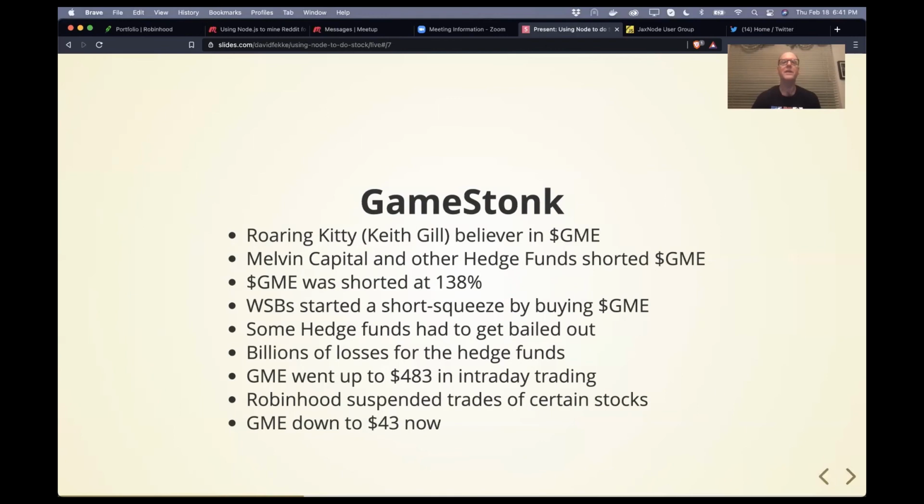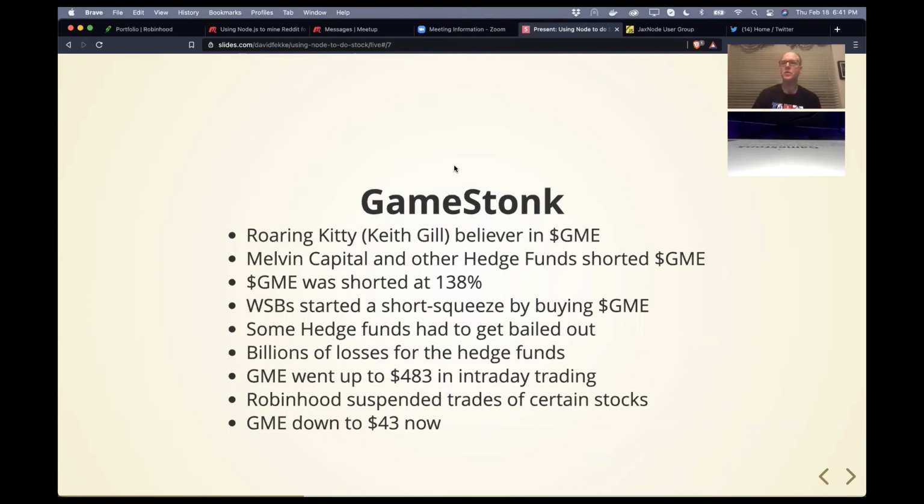Needless to say, I think somebody saw that and a short squeeze was started. And a short squeeze is basically when a stock is being shorted and then all of a sudden people start buying the stock and increasing the price.